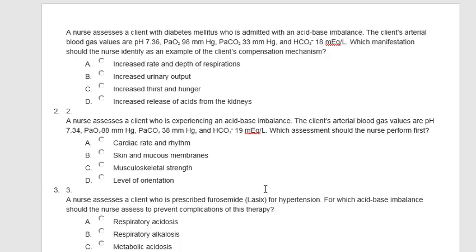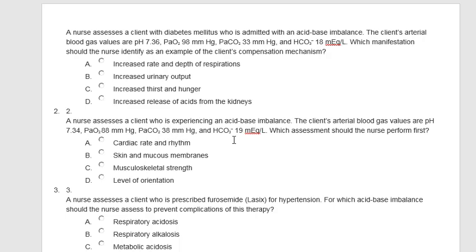Number 2, the nurse assesses a client who is experiencing an acid-base imbalance. The client's ABG values are pH of 7.34. Okay, so we know that 7.35 to 7.45 is normal, so that's a little acidotic. We have a CO2 of 38, so 35 to 45 is normal. That CO2 is within normal range. Okay, so we know that the CO2 is not the problem.